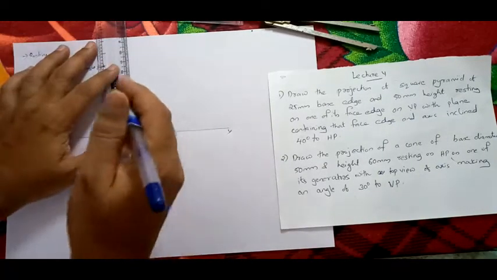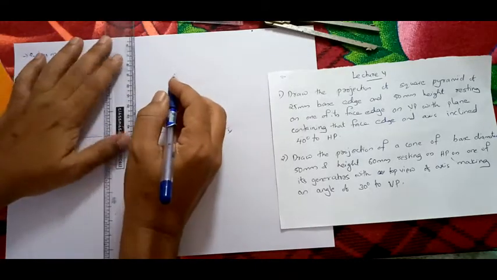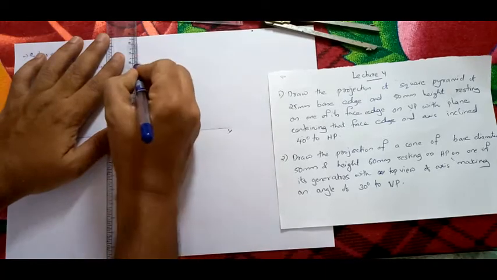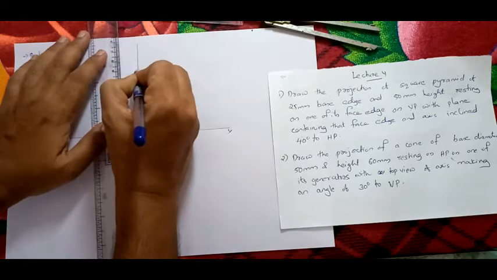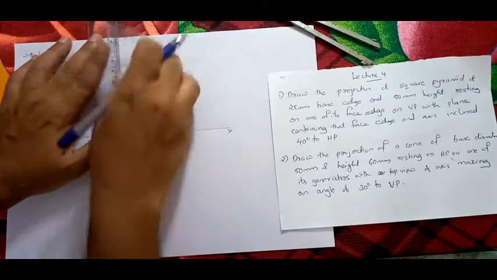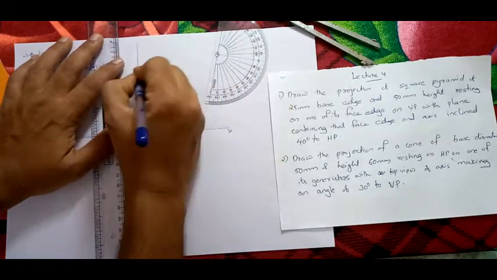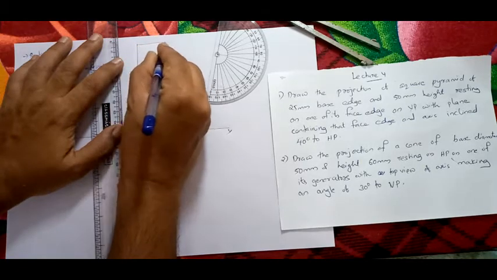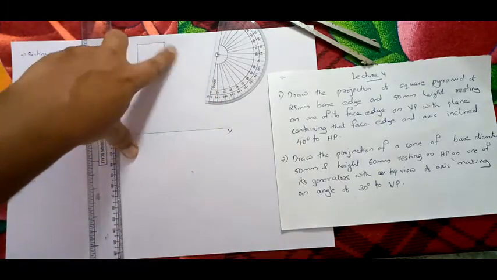It's not easy to start with a corner. So what I am going to do is take 2.5, that is, 25 mm means take 2.5 cm. Then from here, from the protractor take 90 degrees, take 2.5 cm. Similarly complete the square. I am roughly drawing. You can draw a square of 25 mm.